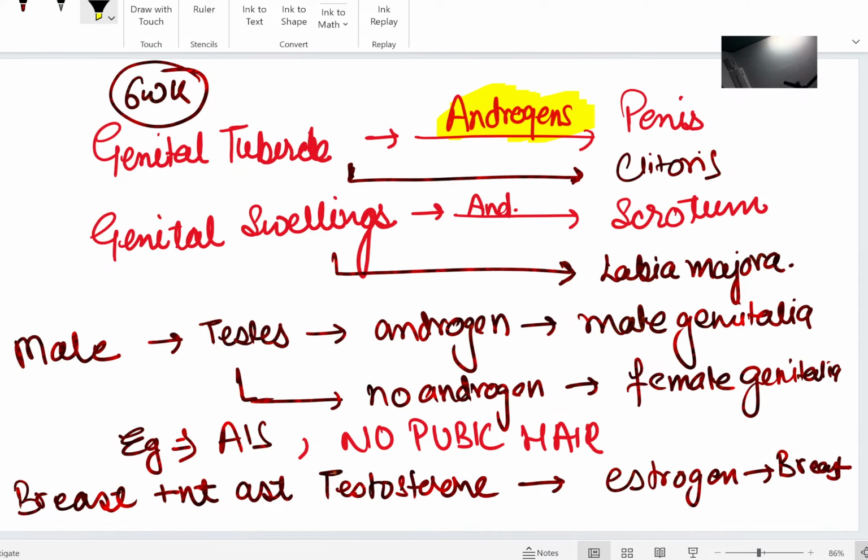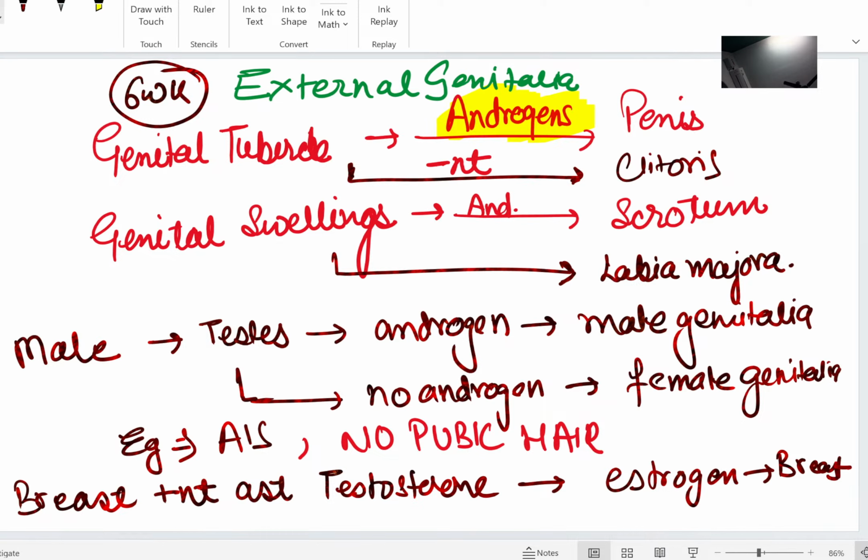Penis is formed. And if there is no androgen, then this genital tubercle will form clitoris. Okay. So basically what we are studying? We are studying external genitalia. Is it okay?